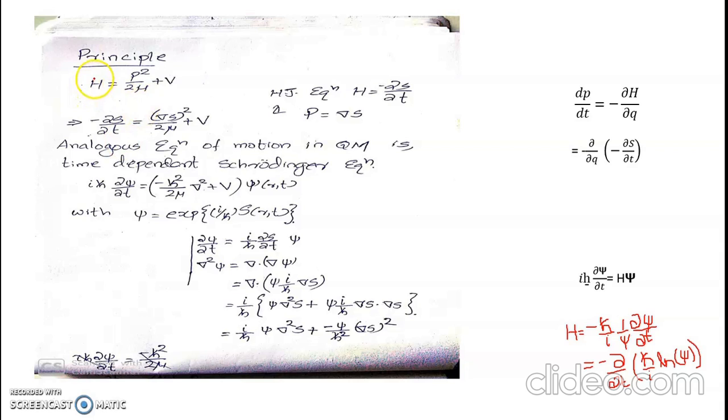As you know, the classical equation for Hamiltonian is for a system that is moving with a kinetic energy subjected to a potential say V. Then the Hamiltonian is evidently the sum of the kinetic energy and potential energy, where kinetic energy is given in terms of the momentum as say p square by 2 mu plus V.